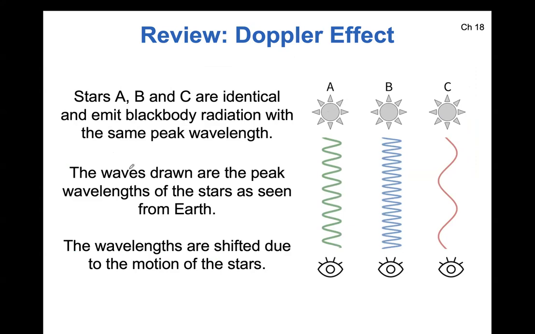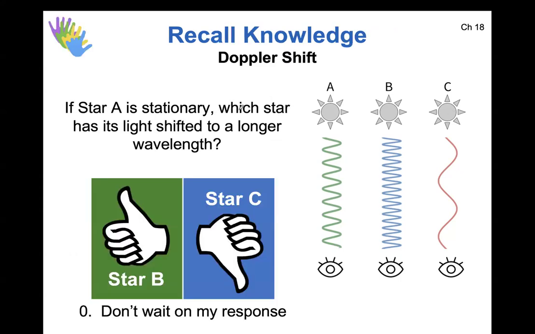The waves drawn are the peak wavelengths of the stars as seen from Earth. But all of a sudden, they're not all the same. Why is that? Well, the wavelengths are shifted due to the motion. Even though they may all be the same star, if they were all at rest, they would all look the same to us. If they're not at rest relative to us, then they don't look the same. That's what the Doppler effect is.